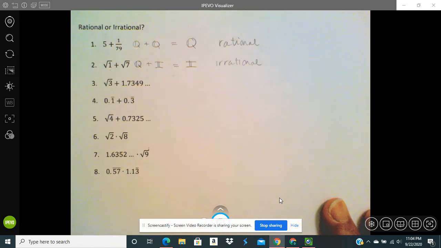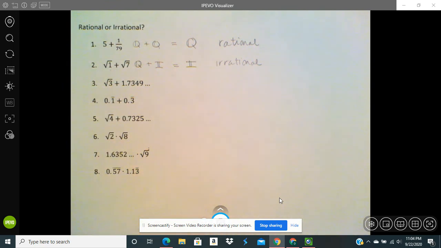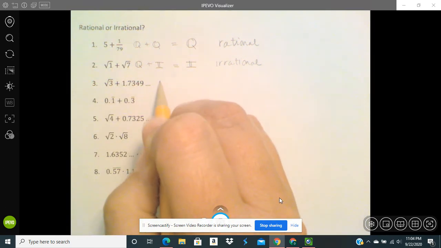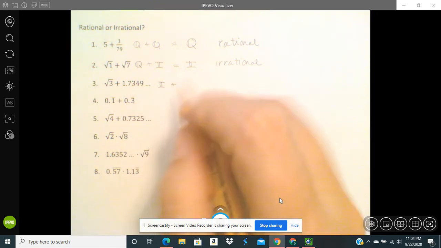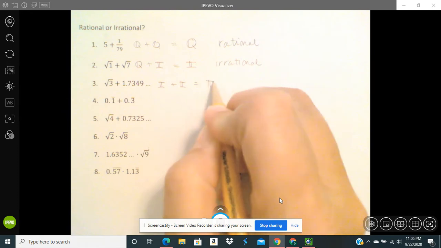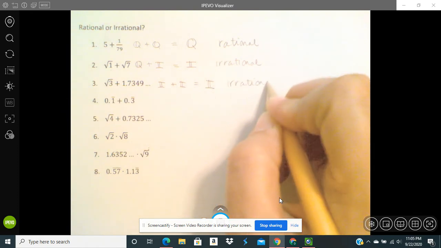There are a couple of cases where it won't work. It's none of these. Well, number 6 will do it, but I'll show you a few others. Okay. The square root of 3 is irrational. 1.7349 is irrational. When you add irrational numbers, you get an irrational sum.